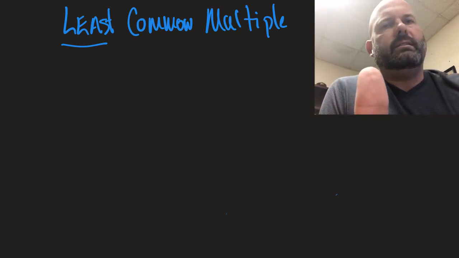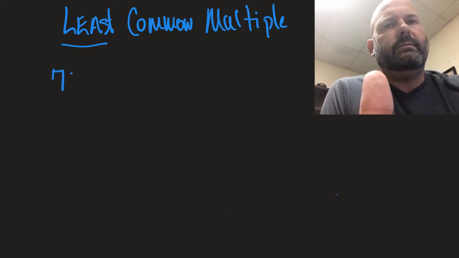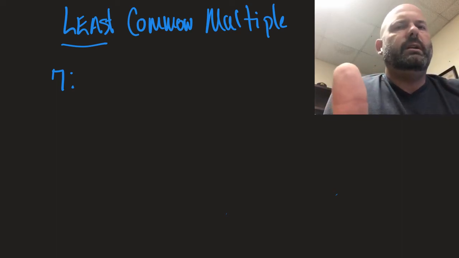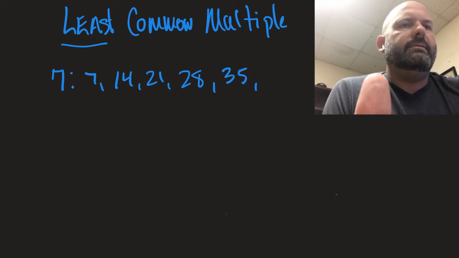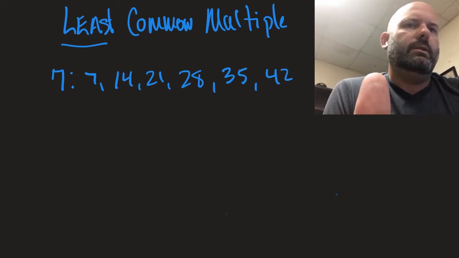So if we're listing the multiples of 7, for example, I would just take 7 times 1, 7 times 2, 7 times 3, 7 times 4, 7 times 5, 7 times 6, and so on, right?